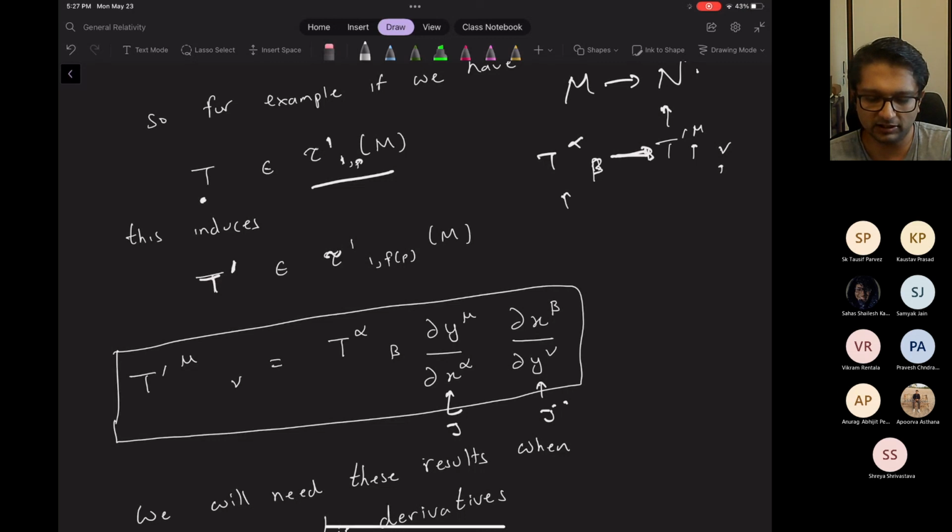The only way I can do that is that the vector index can obviously be pushed forward, and the dual vector type index can also be pushed forward if I have a diffeomorphism, that is, if the inverse Jacobian exists.